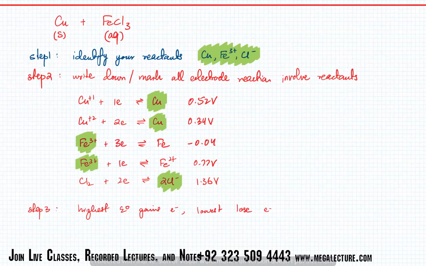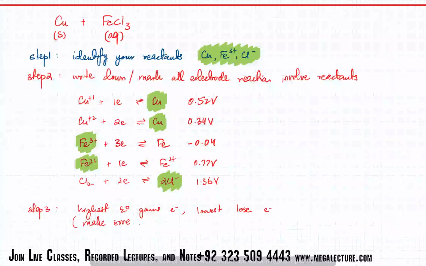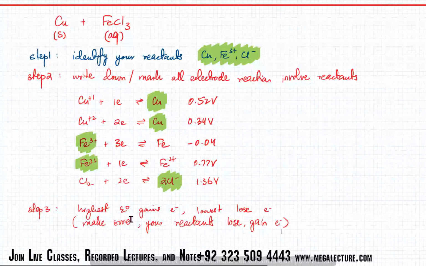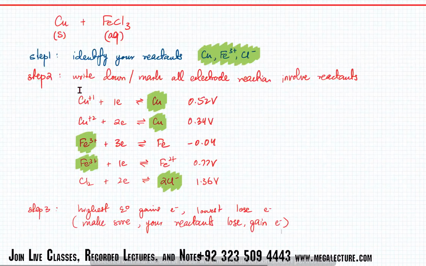But you have to make sure that your reactants lose or gain electrons. It has to be one of these 3, nothing from outside. So who's the highest potential out of all of these?